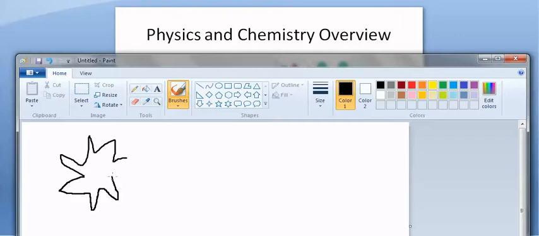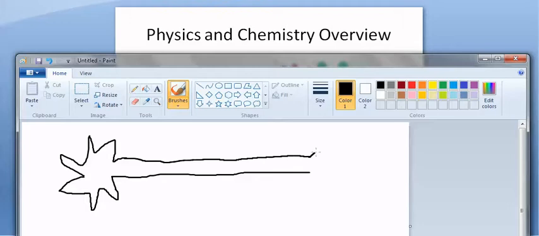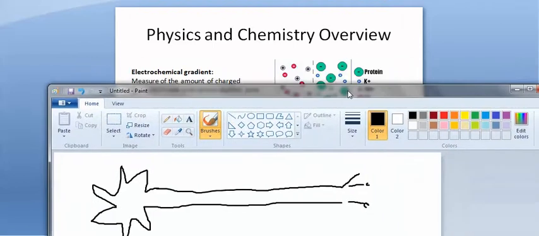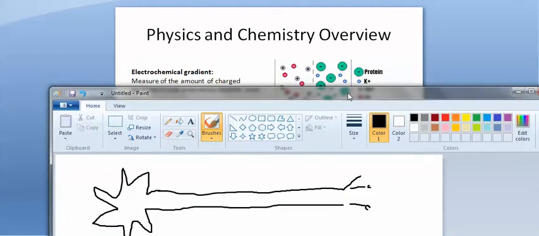As you can see, you do not have to be an artist to learn anatomy. Here's my axon out to the terminal end button. So I just want you guys to get a better understanding of what I'm talking about.